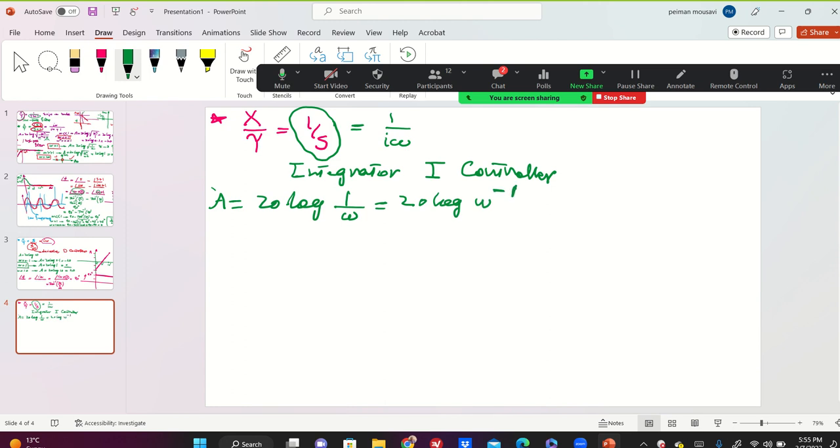That's right, from algebra. So let me say omega is 0.1. So A is going to be 20 log of 0.1 to the power of minus 1. That's right. How much is this, guys?